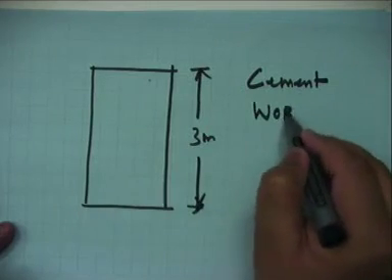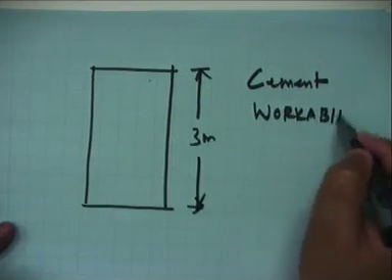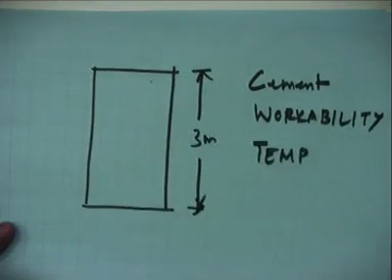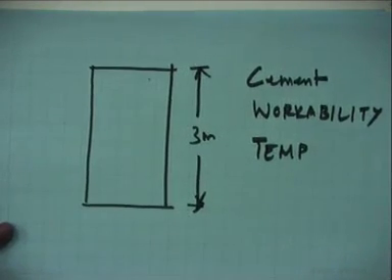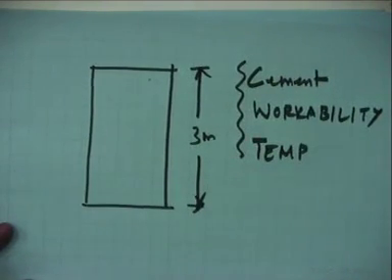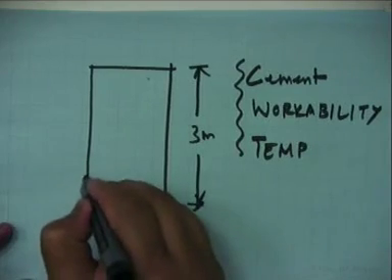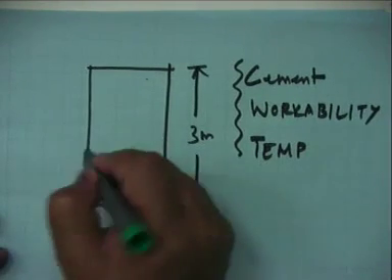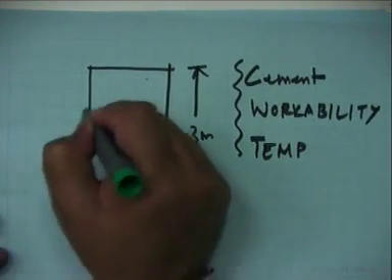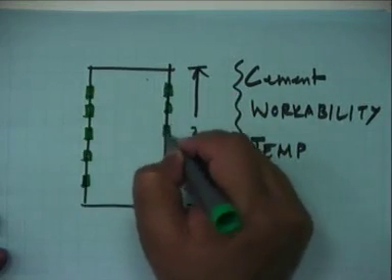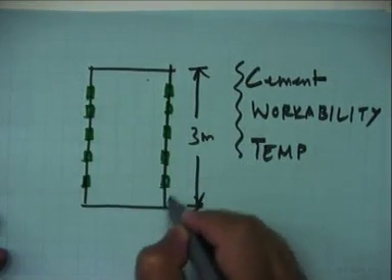They measured workability, the slump. They measured the temperature at the time of placing. Likewise, they measured various parameters. In fact, they kept some of the parameters constant, and then they put these pressure gauges at different heights, maybe here, maybe here, maybe here, maybe here. So, these are your pressure measuring devices installed.